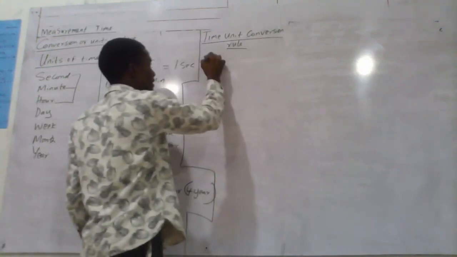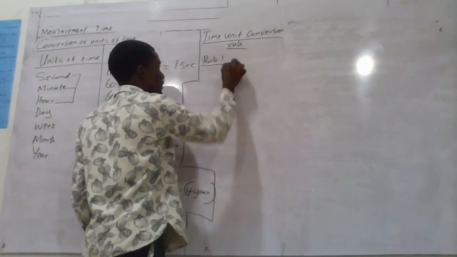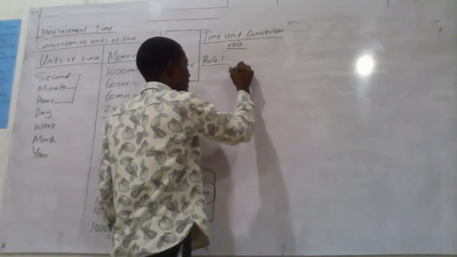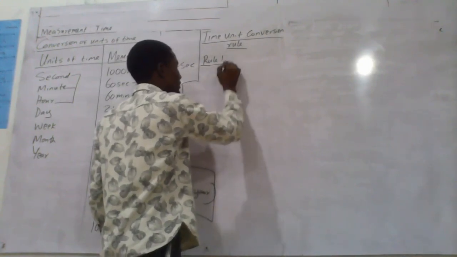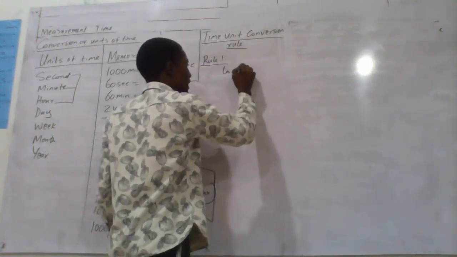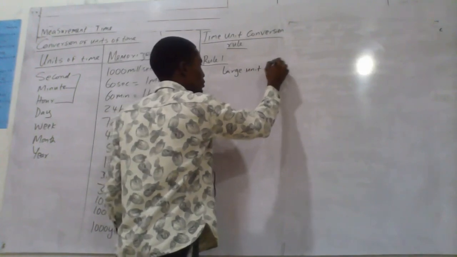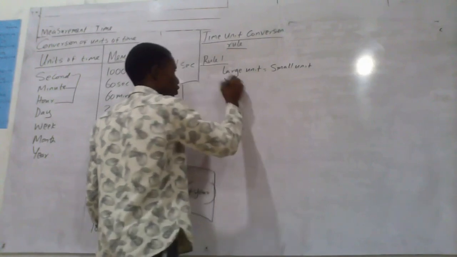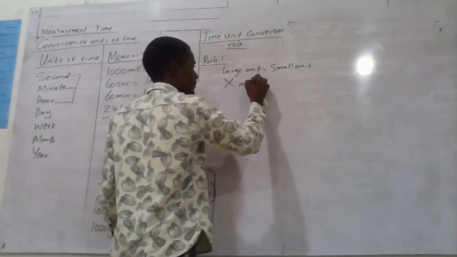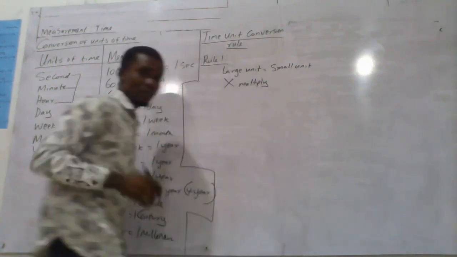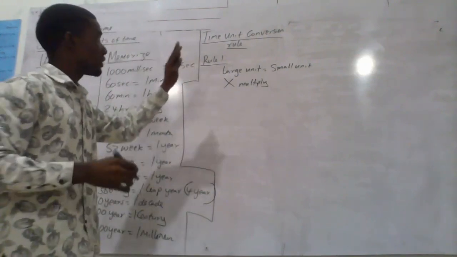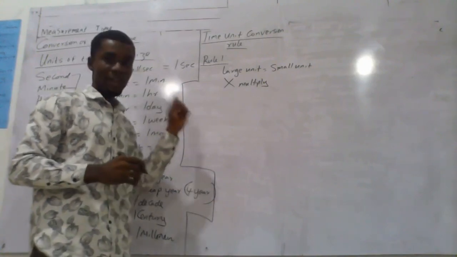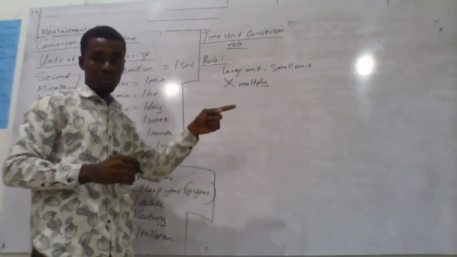Rule 1 says that when converting from bigger units, from large unit to small unit, always multiply. That's what the time unit conversion rule says. When converting and you have large units to small units, you multiply.